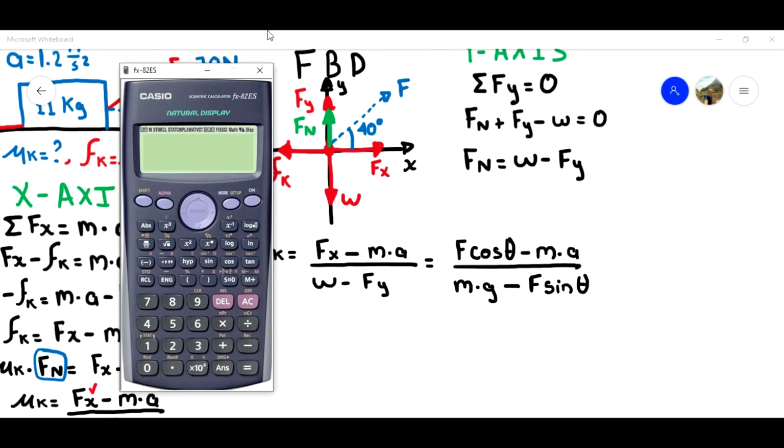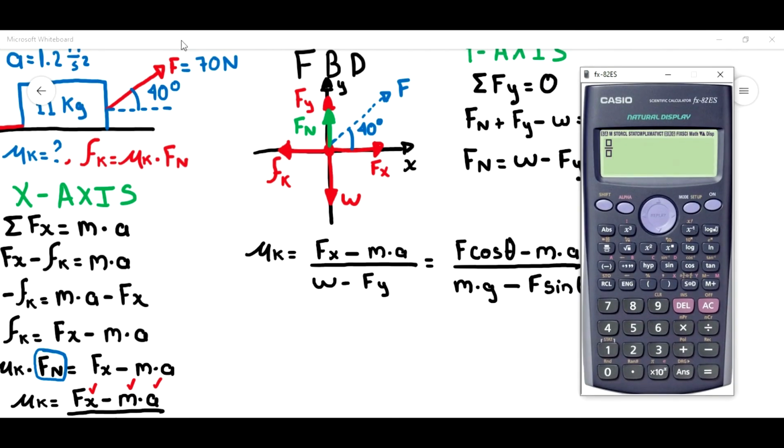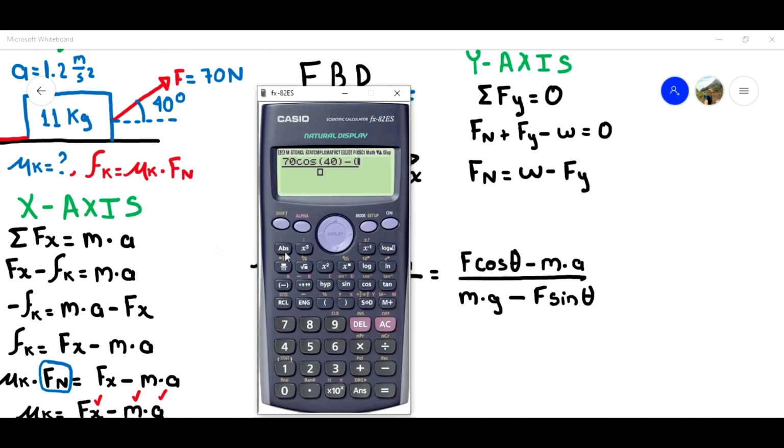So let's do it in the calculator. Okay, so fraction, the force is 70 times the cosine of 40 minus parenthesis mass, the mass is 11 kilograms times the acceleration, that is 1.2 meters per second square, over parenthesis the mass 11 times the gravity.